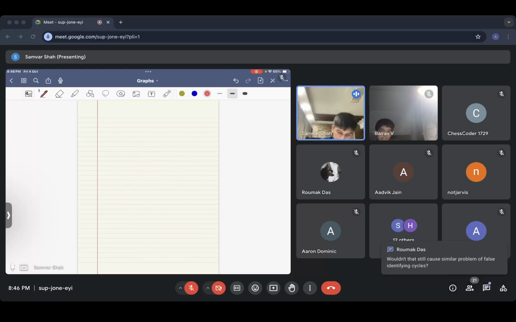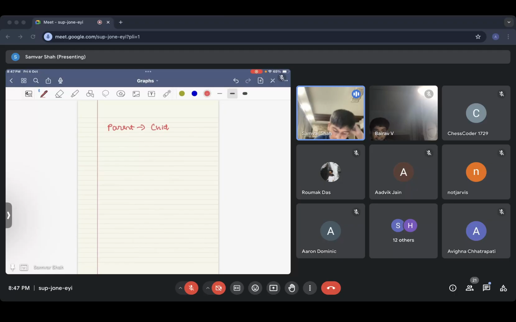So I'll explain the parent. No, it would not cause a similar problem because now we have a parent to child relation for each node, which is of the form, say, u to v. And then when you have v to w, you already have a parent for that node. The parent is not redefined.